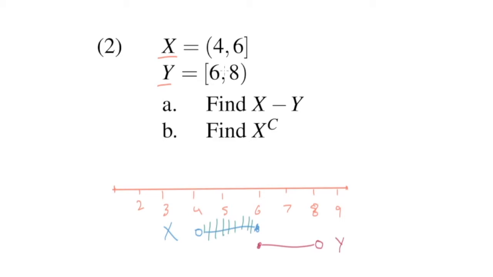So the difference would be, what time is X open but Y is not open? Okay, so it would be all the region of X that doesn't include 6, because at 6, Y is open as well. So it would be that interval there, excluding 6. Okay, so the left boundary would be the same as X. So it would be starting at 4, but not including 4. And then it would go all the way to 6, but not include 6.